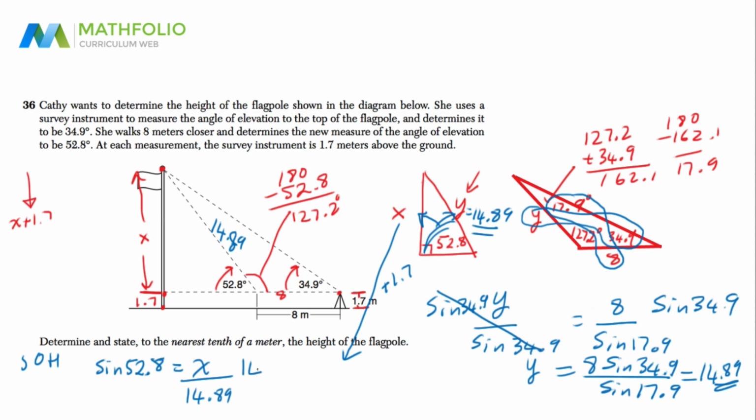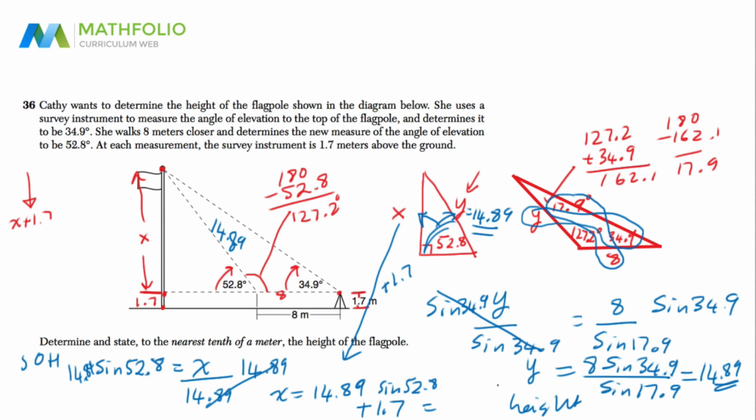So what I really want to do to get x on its own is times by 14.89. These have cancelled here. So x equals 14.89 sine 52.8, and then whatever I get, I must add the 1.7, and that should give me the height.